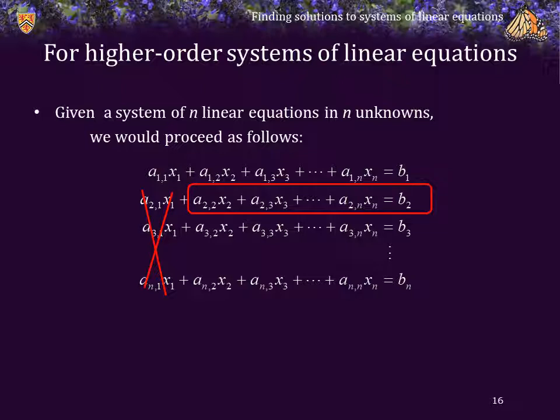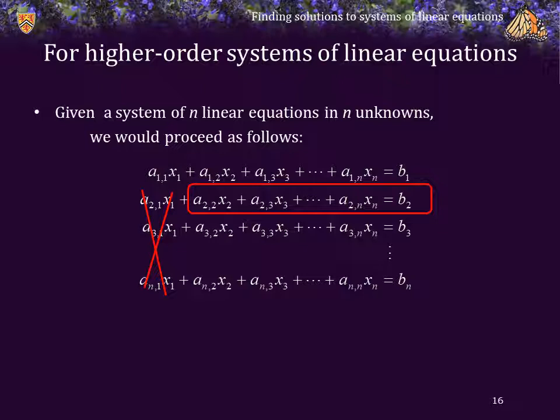Now equation 2 has a non-zero coefficient in front of x2, hopefully, and if so, what we will do is add an appropriate scalar multiple of what's left of equation 2 onto each subsequent equation.